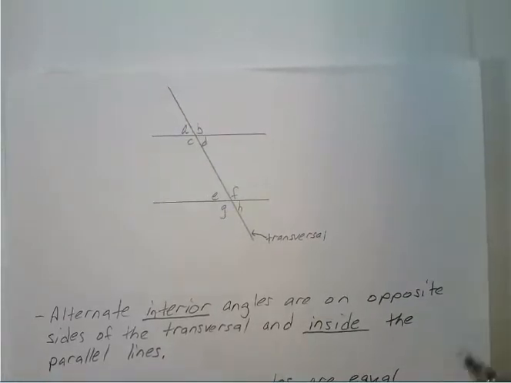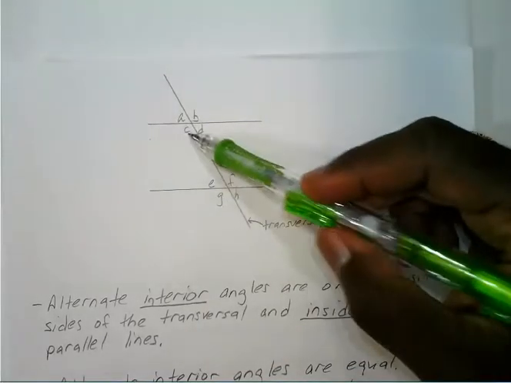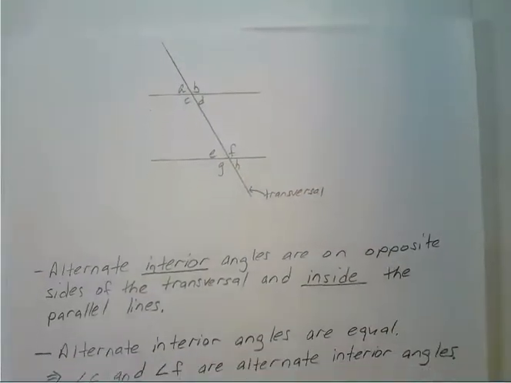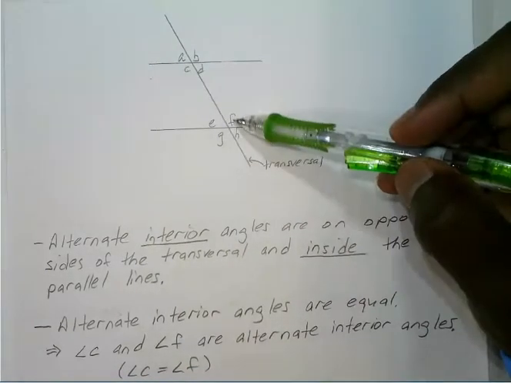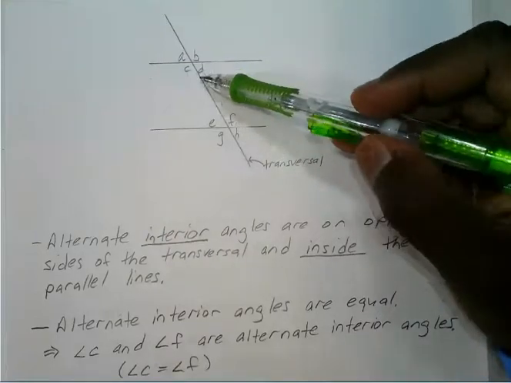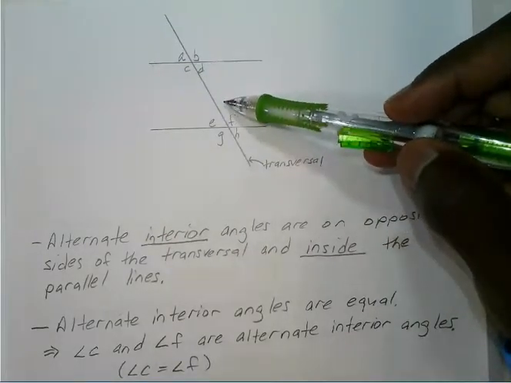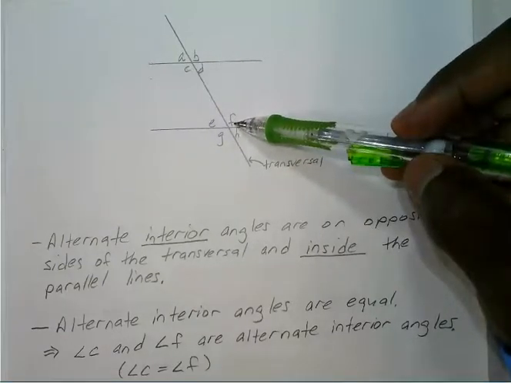But the alternate interior angles are on opposite sides of your transversal. You see here, angle C and angle F are alternate interior. Remember, interior means they're inside your parallel lines, and alternate means on opposite sides of the transversal.